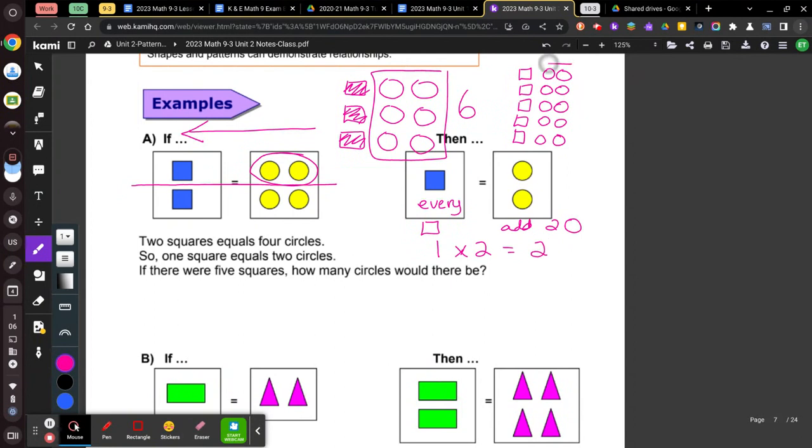So I can count them all, which would give me 10, but I could take 5 times 2 and get 10. So there's ways to create an equation. I could have said 5 times something gives me 10 circles. So 5 times what gives me 10 circles? 5 times 2. So that's how we create equations.